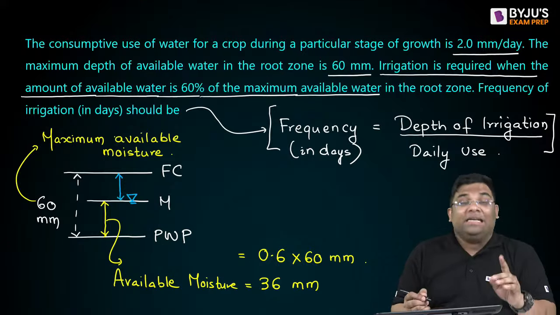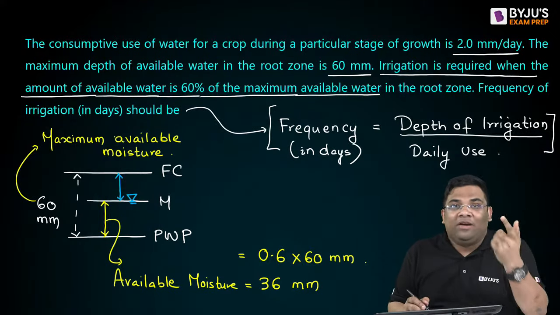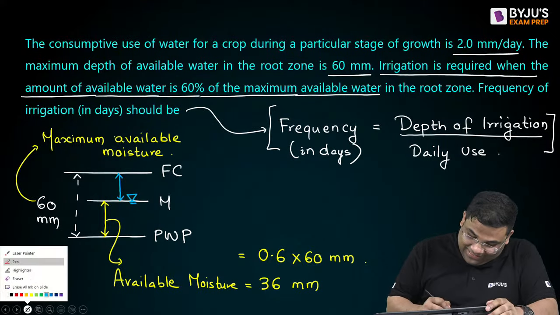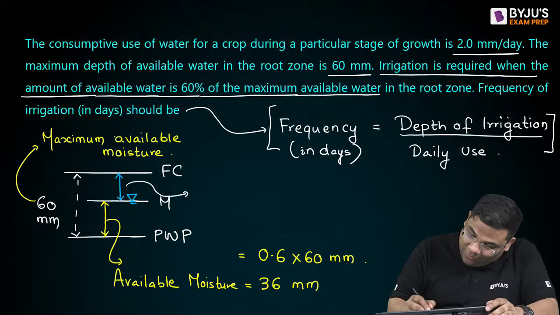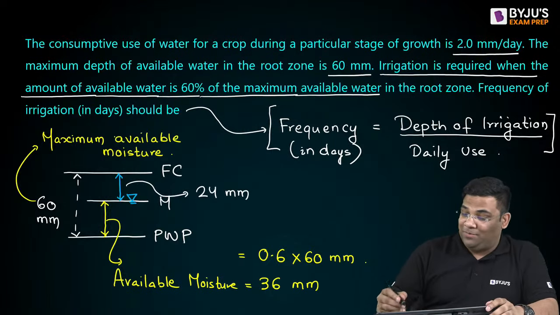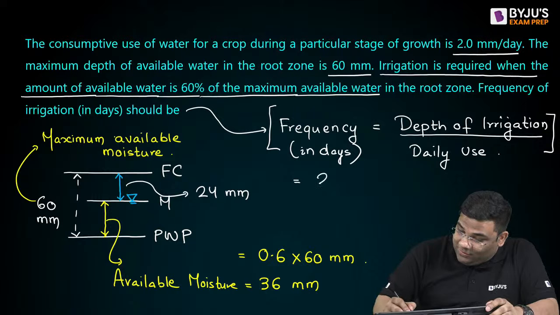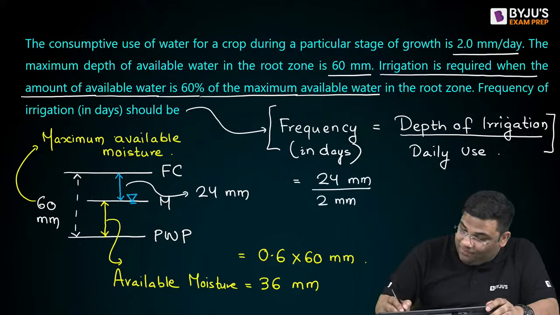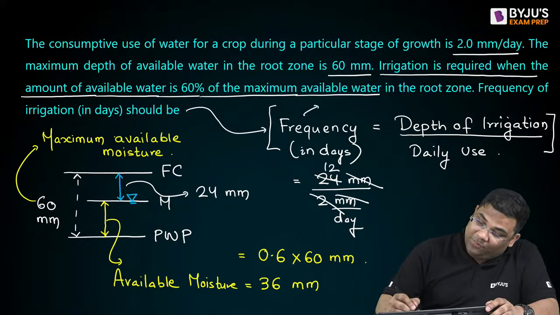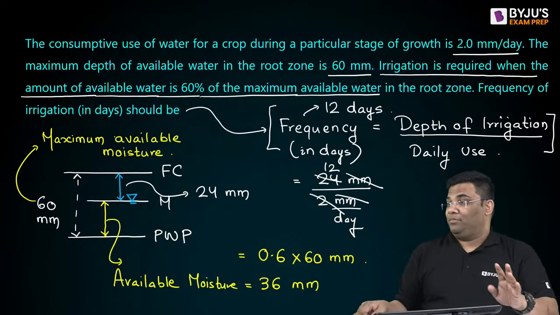To bring the moisture content from the current moisture content to the field capacity, this is the depth of irrigation, and this is 24 mm. So the frequency will be 24 mm divided by daily use of 2 mm per day. The mm cancels, and this becomes 12. So the frequency of irrigation is 12 days. Everybody understood this language?